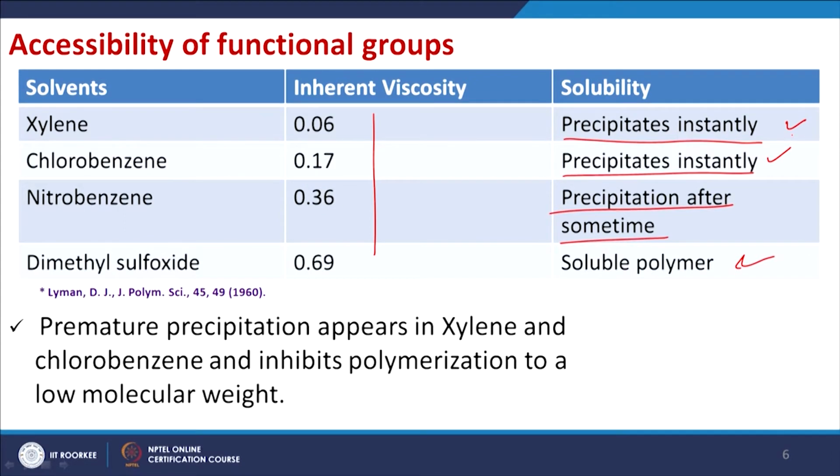So the basic phenomenon under this category is that initially when we use xylene and chlorobenzene, they facilitate precipitation instantaneously. In that case, they inhibit further polymerization, and this may lead to low molecular weight, because if you keep on polymerizing, you may have higher molecular weight polymers.